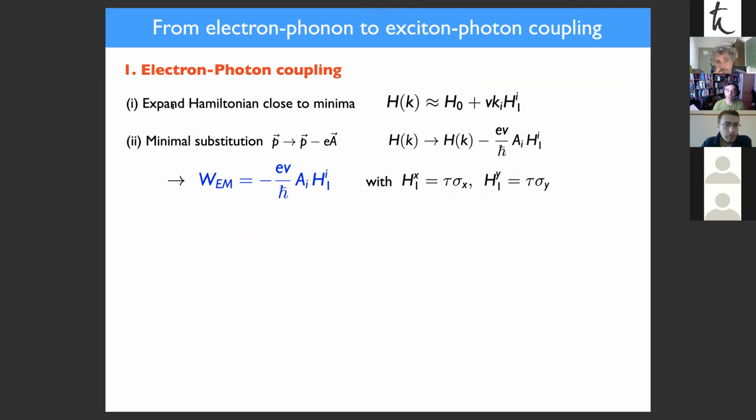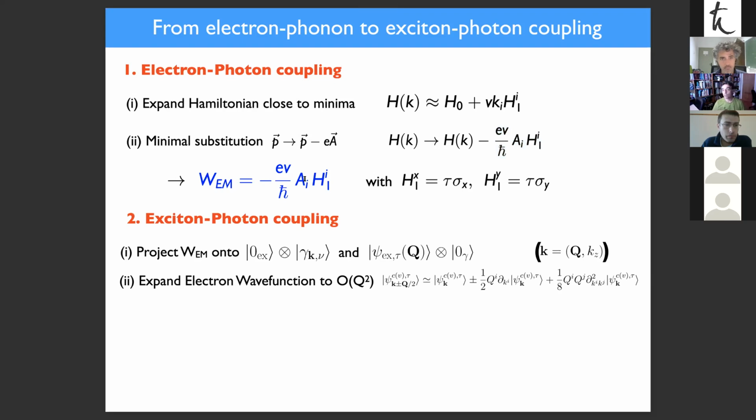For that, we expand the Hamiltonian close to the minima, and this is simple because we had this Dirac Hamiltonian, so it's linear in the wave vector, and we do the minimal substitution, and therefore this Hamiltonian couples with the electromagnetic field just with this term, and these are derivatives of the Hamiltonian with respect to k that are analytical. Okay, so this is the electromagnetic coupling to the electrons in the MoS2 layer.